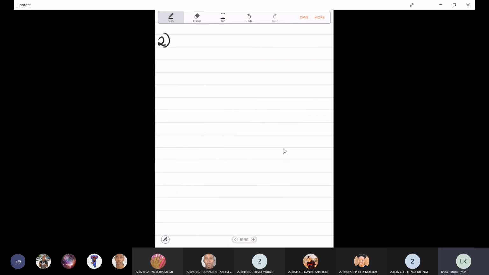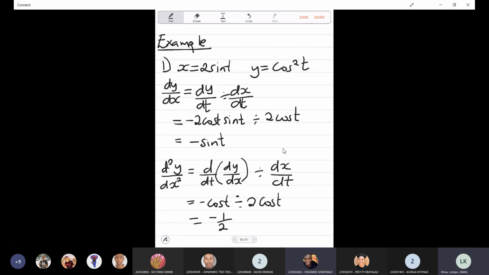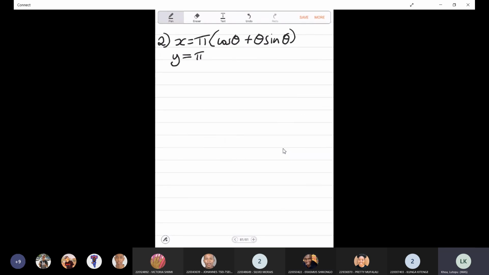Let's look at another one. We have x is equal to pi cos theta plus theta sin theta, and y is equal to pi sin theta minus theta cos theta.